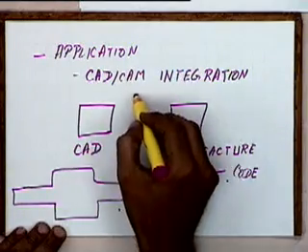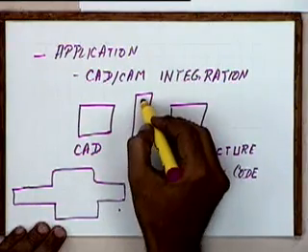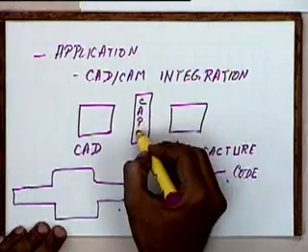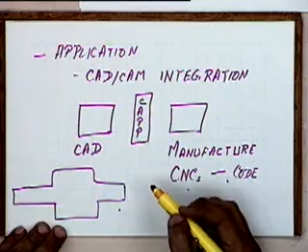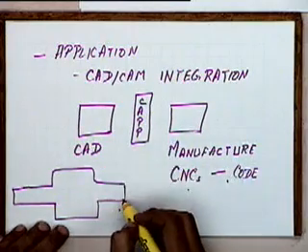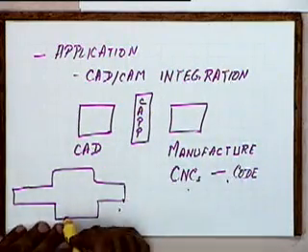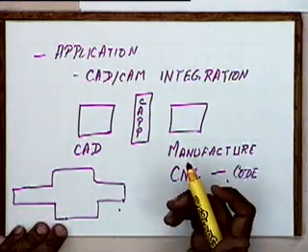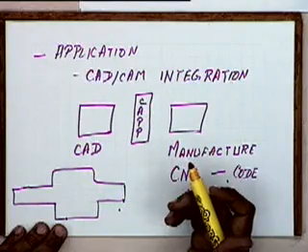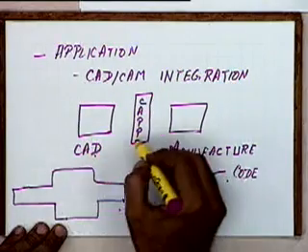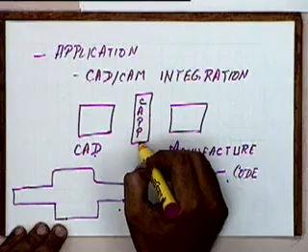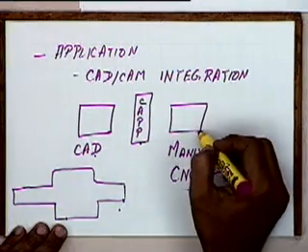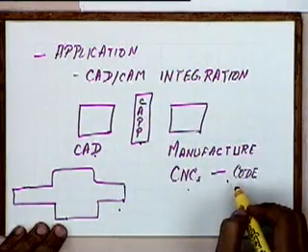Between CAD and CAM, we will have a stage referred to as computer aided process planning. For making a process plan, the CAD model that has been made will form the input. So CAD models will form an input for computer aided process planning and will also be used for generating the NC code.